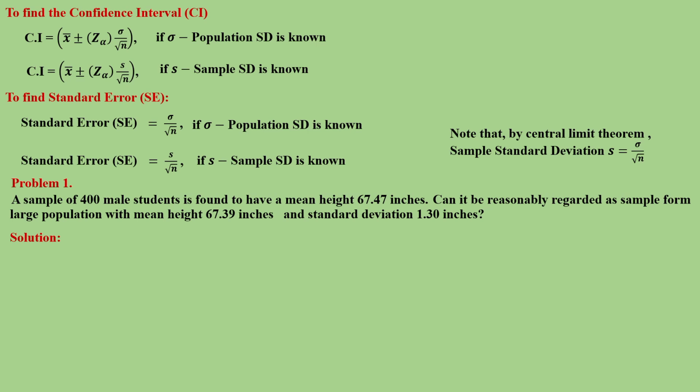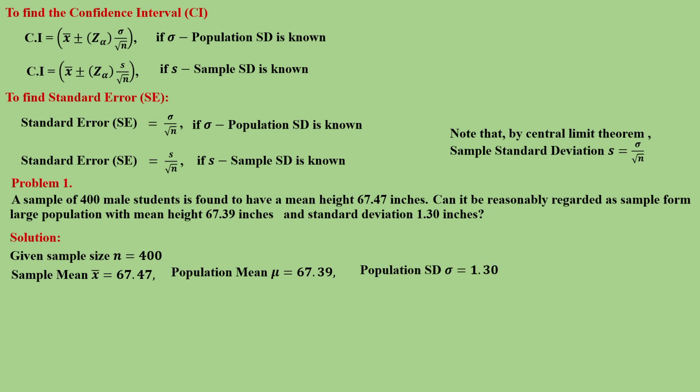You just check whether it is from this population or not. So given: sample size n equals 400, sample mean x bar equals 67.47, population mean mu equals 67.39, and population standard deviation sigma equals 1.30.